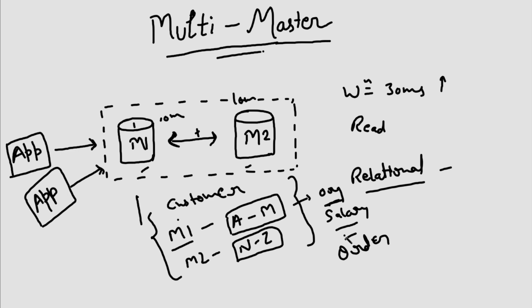That's where it becomes a little tricky, or I would say very tricky, because you cannot segregate the data for each and every table based on the user. So if your system uses lots of unions and joins, then this particular setup might not work for you.